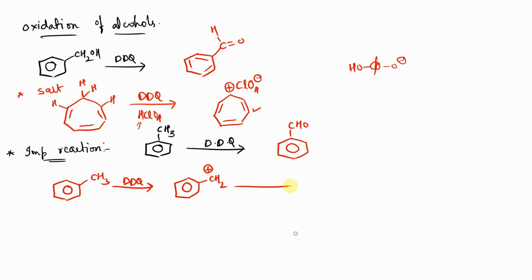Okay, so now when you treat HO5O minus, it attacks the carbocation because there is no hydrogen present on the neighboring group. So it directly attacks the carbocation, leading to the formation of an intermediate such as CH2O5OH.